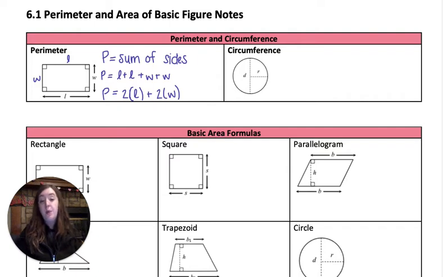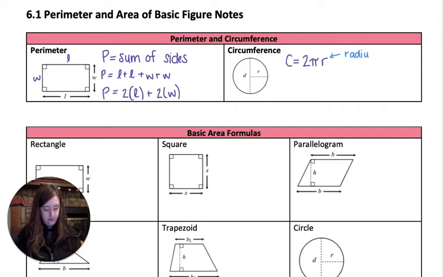Circumference is perimeter, but when something is round. So the circumference of a circle is going to be 2 pi r, where r is the radius of the circle. You can see that this little segment right here is labeled as r, that's our radius.